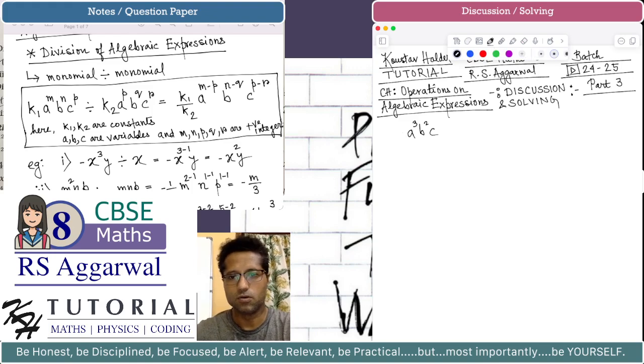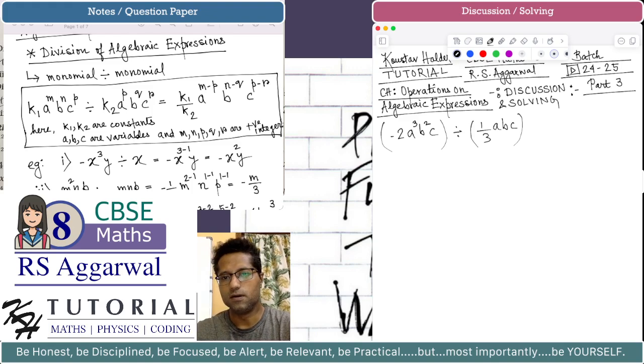Let's say some concrete example, let's say -2. So this is a monomial, and we have to divide this monomial by another monomial. Let's say the monomial is 1/3 a, b and c. So how do we do the division?